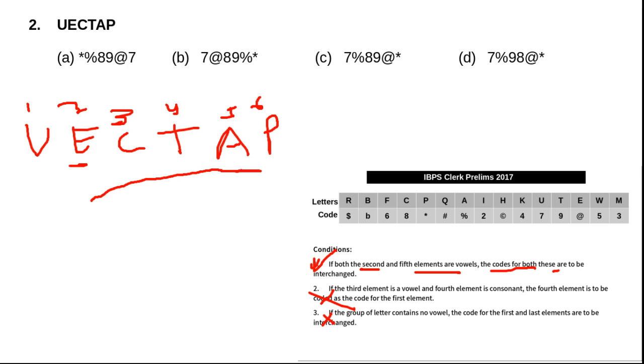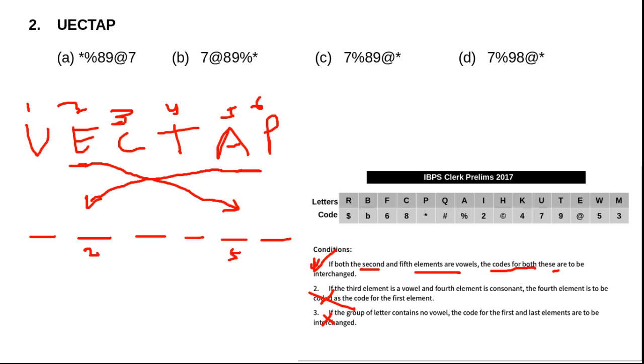You have to write the code of A in the fifth position, and the code of E in the second position. This is basically the interchange.